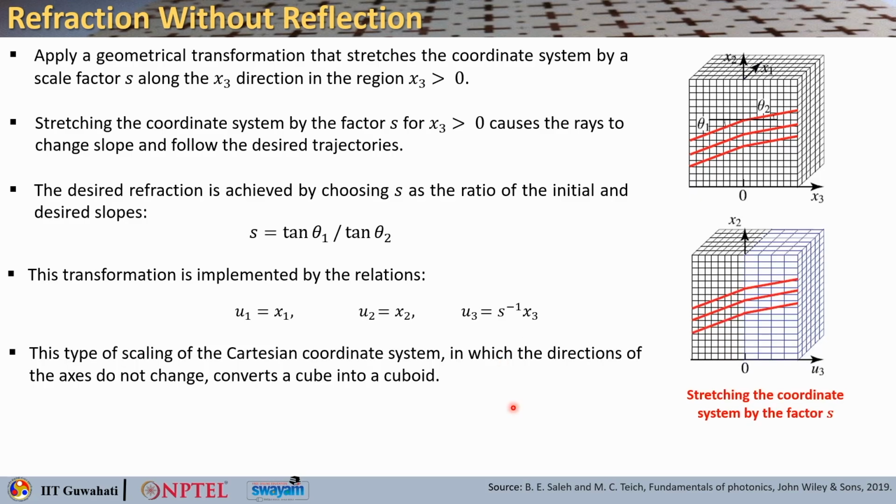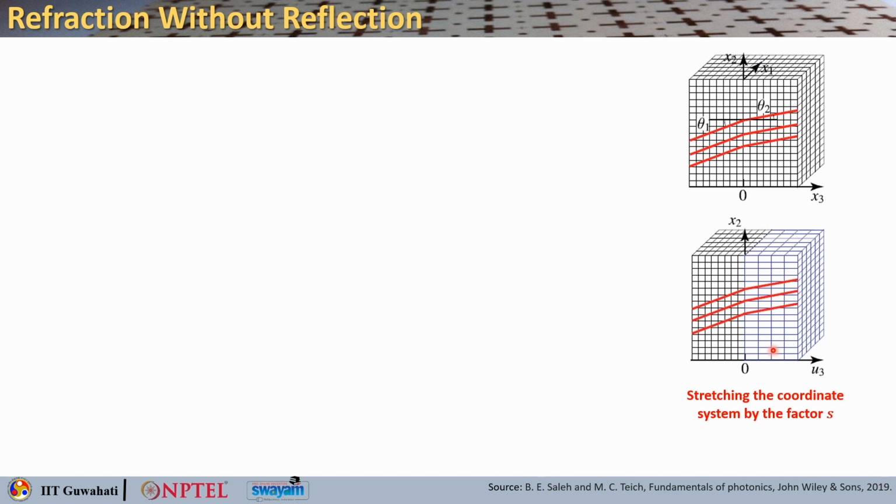This type of scaling of the Cartesian coordinate system, in which the directions of the axes do not change, will convert a cube into a cuboid, right. So, you will see that this particular thing has now changed into a cuboid. This has happened when you have stretched the coordinate system by a factor of s along only one direction.